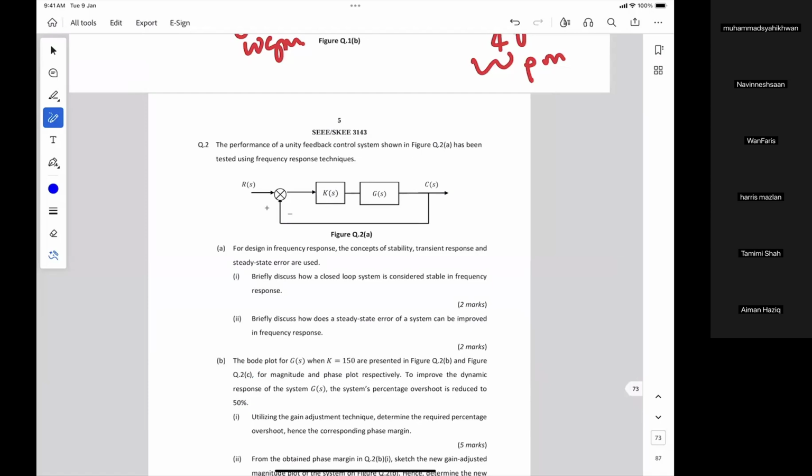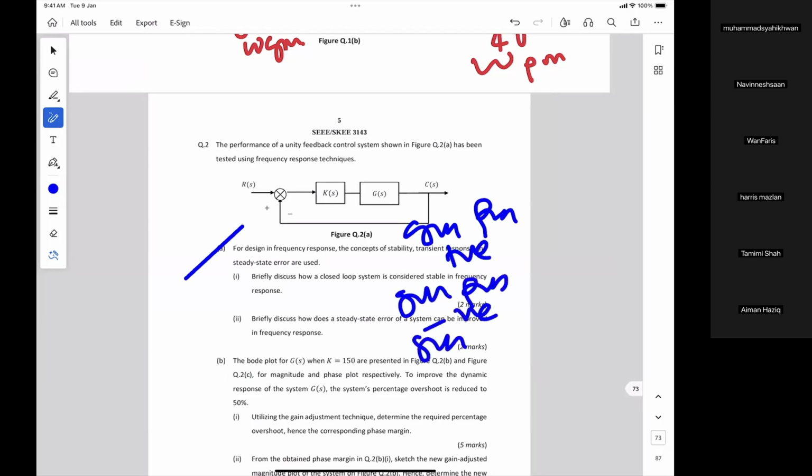Ini dalam nota dia. Buat ilustrasi lah. Gain margin, phase margin, positif. Macam mana ilustrasi dia? Gain margin, phase margin, negatif. Gain margin, phase margin, critical. Ada dalam YouTube yang saya bincangkan tu, awak ikut situ. Sama je lebih kurang. Dia ngulang balik soalan tu.